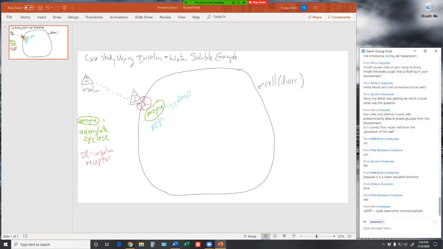Do any of you know what cyclic AMP would be referred to? Cyclic adenosine monophosphate is literally the word, but it's also known as something else in the context of our current discussion. What is cyclic AMP? Do you know what cyclic AMP is?